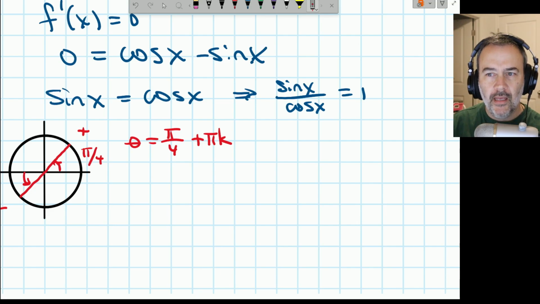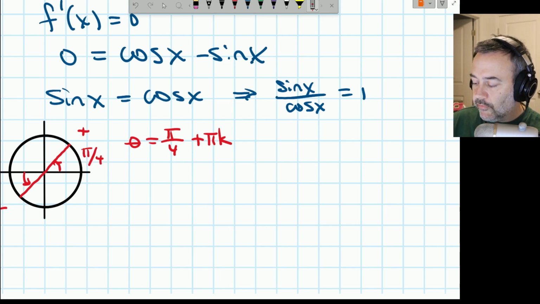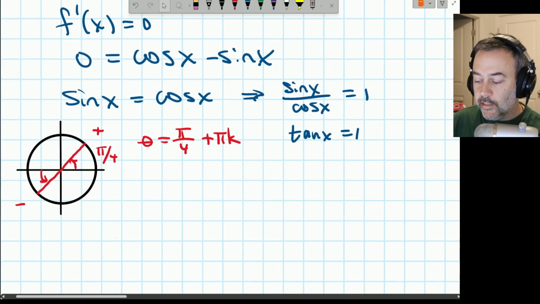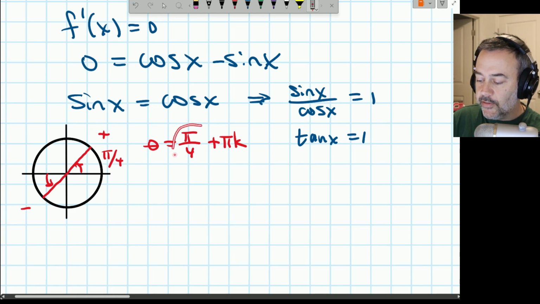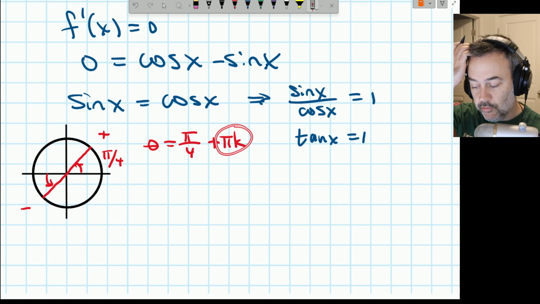So x equals 0, pi over 2, 3 pi over 2 are not solutions to this, so you can divide by cosine x because we know cosine x is not 0. So sine x over cosine x equals 1. This is, of course, tangent equal to 1. Tangent equals 1 at pi over 4, and the period of tangent is pi, so the solutions are this.